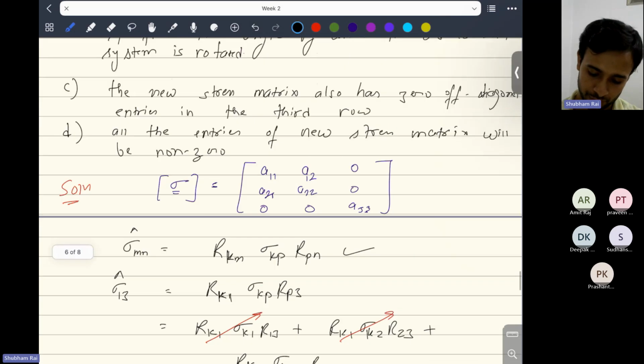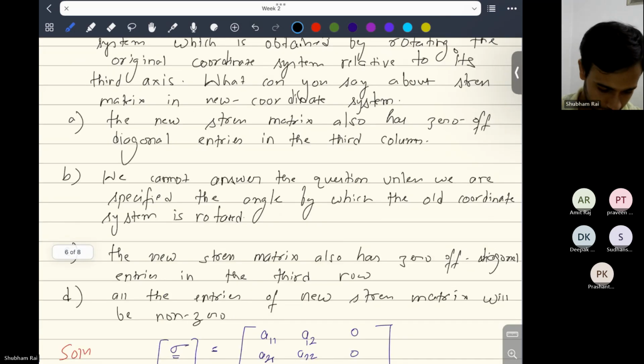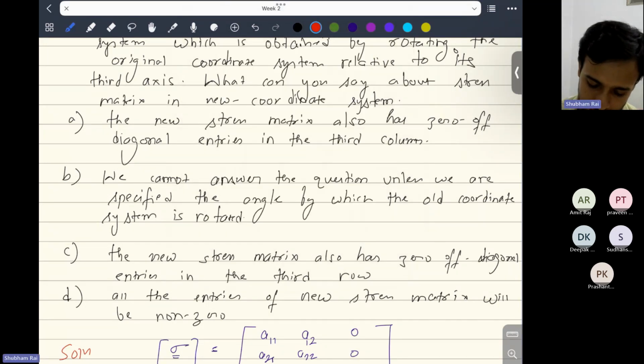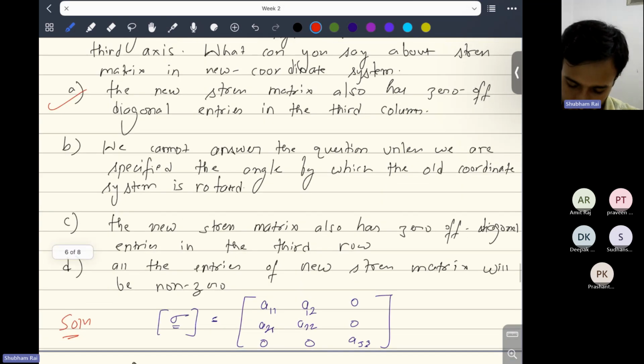So you can just check the options. First, this one is correct. The new stress matrix also has 0 off-diagonal terms in the third column. And the new stress matrix also has 0 off-diagonal terms in the third row.